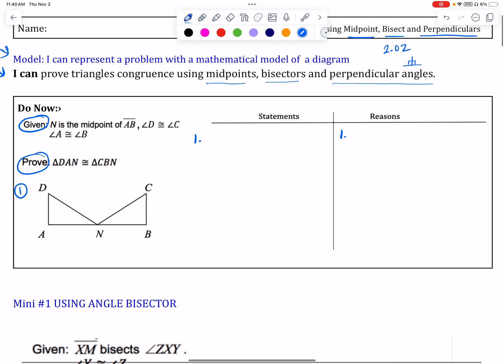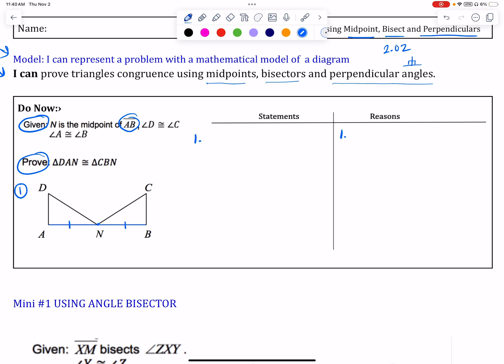N is the midpoint of AB. So AB is a segment. So if N is a midpoint, AN, tick mark, is congruent to NB, tick mark. Remember, if you have a midpoint in a segment, you don't get congruent angles out of it. If you divide a segment in half, you get two smaller segments.